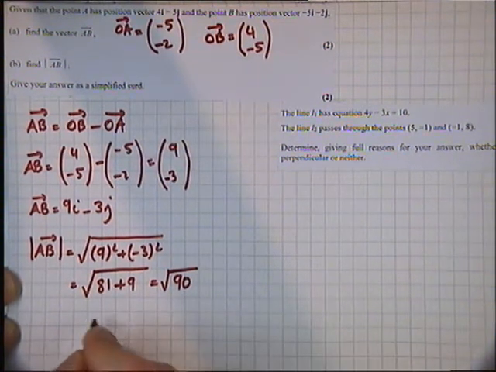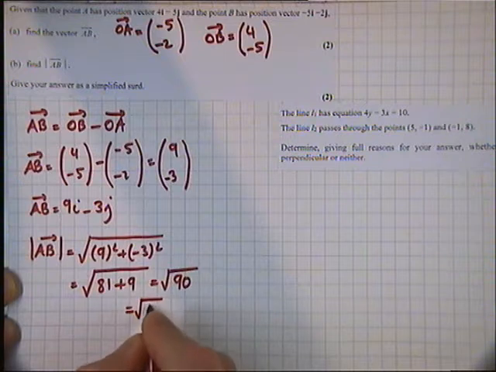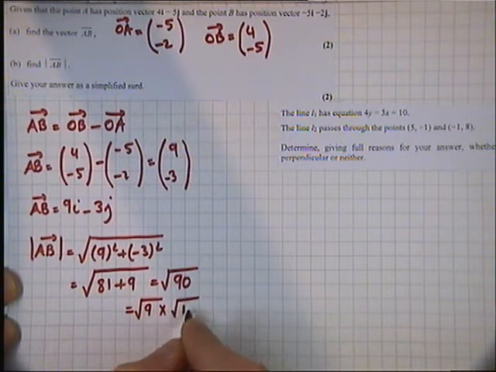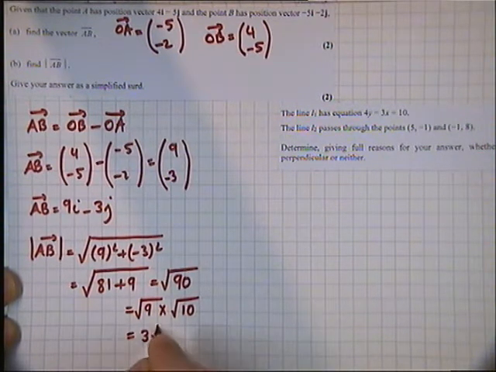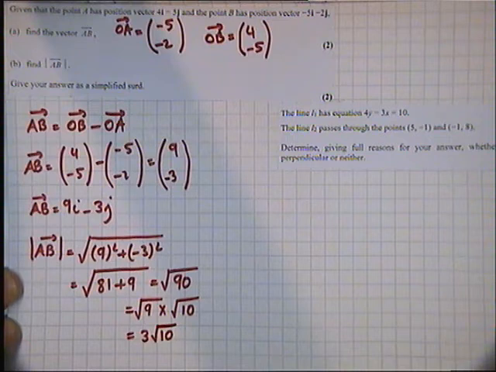Square root of 90 could be written as square root of 9 times square root of 10, which is 3 square root of 10.